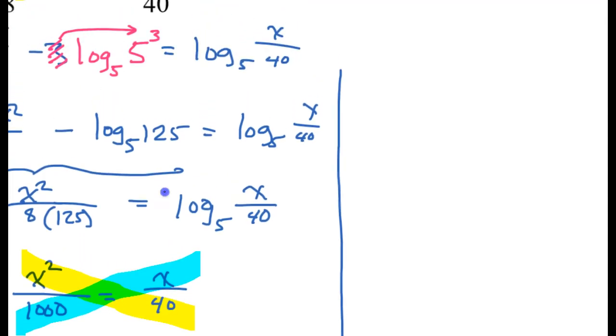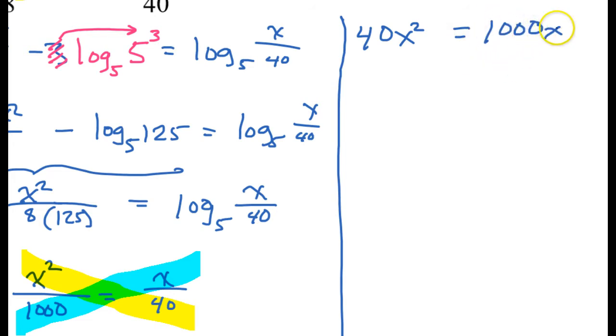So if I do x squared times 40, then that is 40x squared. And then if I do x times 1,000, put that on the other side, so that is going to be 1,000x.